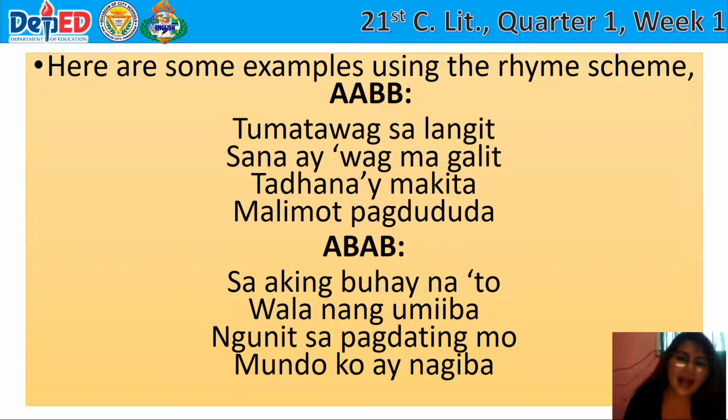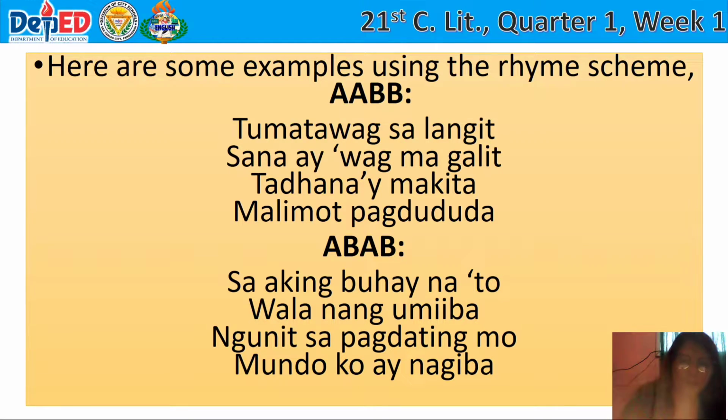We are applying AABB. An example of this is, "Tumatawag sa langit, sana ay wag magalit, tadhana'y makita, malimot pagdududa." The letters AABB are just a guide for the reader to easily determine that the last syllables of the lines of the poetry are rhyming words.